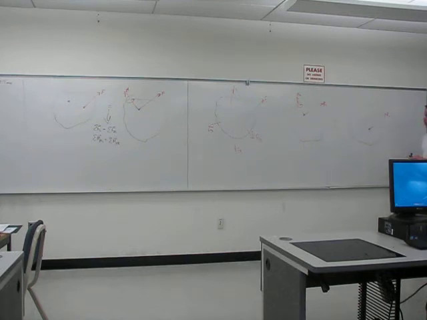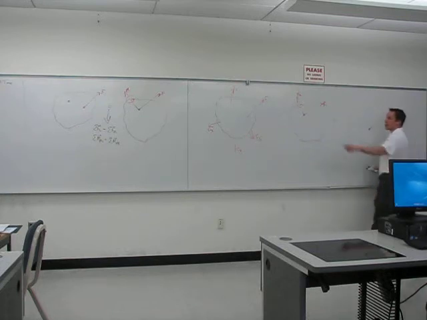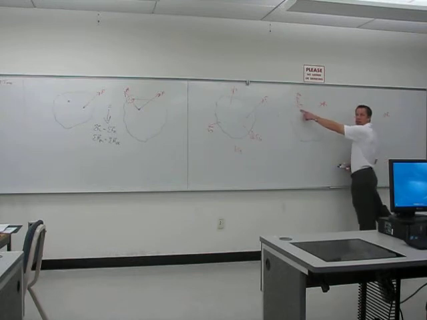Anytime we move a force's point of application, we have to add a moment vector in order to account for the change in the way the rigid body wants to rotate. Now, if we choose this point carefully, we might be able to locate this resultant force at such a point that the moment vector we would add in here would be equal and opposite to the moment vector that we had here.